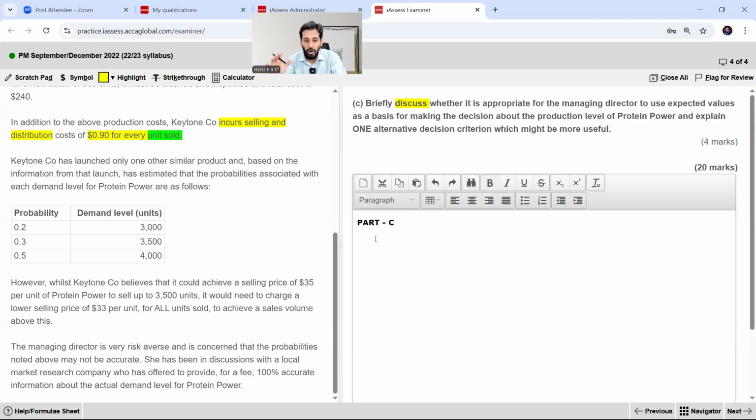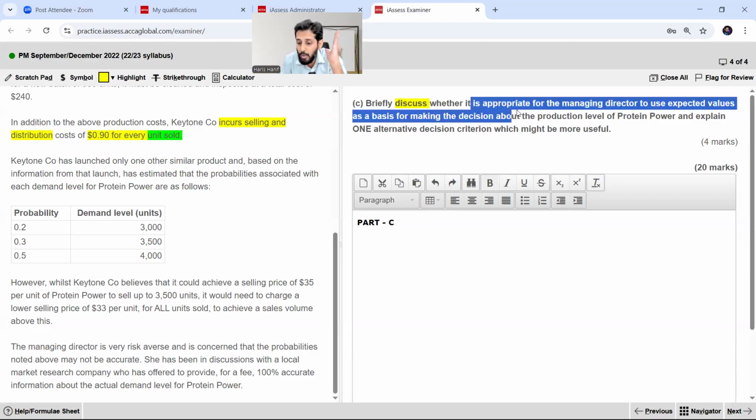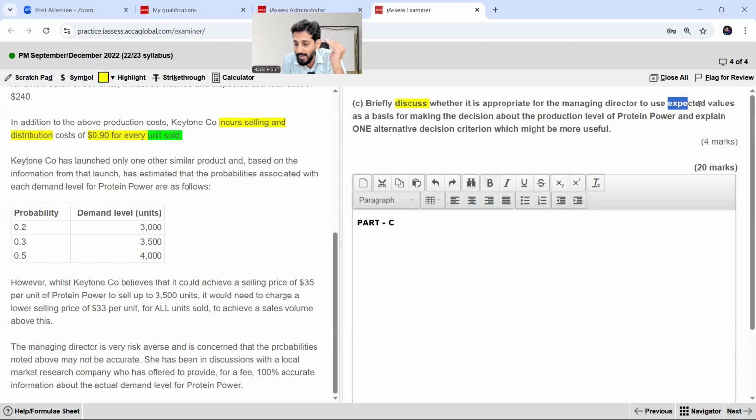So first of all, you should discuss the expected values. Briefly discuss whether it is appropriate for the managing director to use expected values. Now see that the question is having a connection between risk averse and expected values, and the managing director.